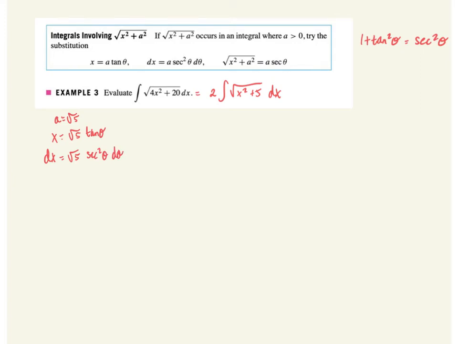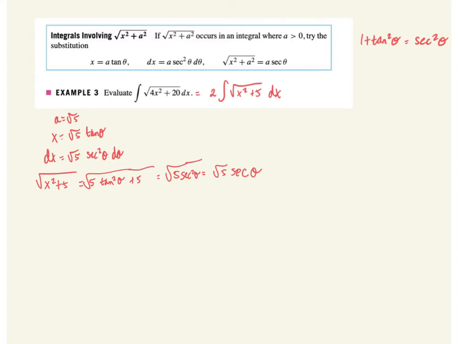And I need to replace the square root of x squared plus 5. So I have root 5 tan theta squared, or 5 tan squared theta, plus 5 is equal to square root of 5 secant squared theta, which is where we would get root 5 secant theta.